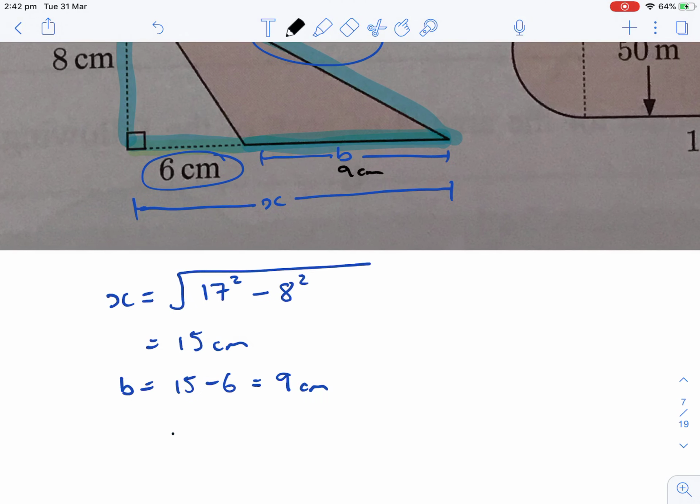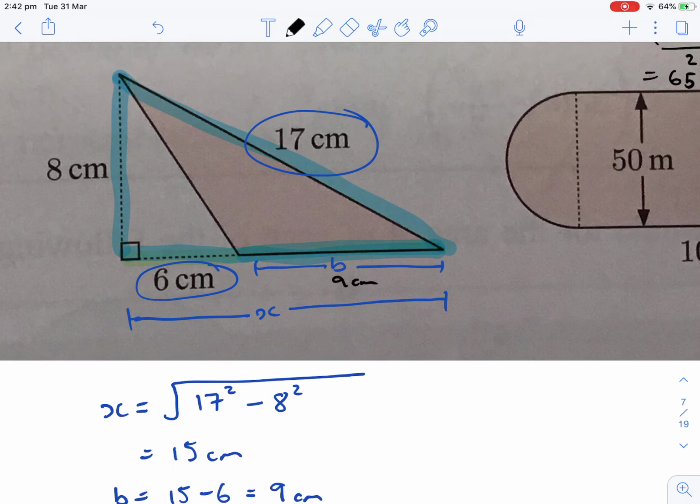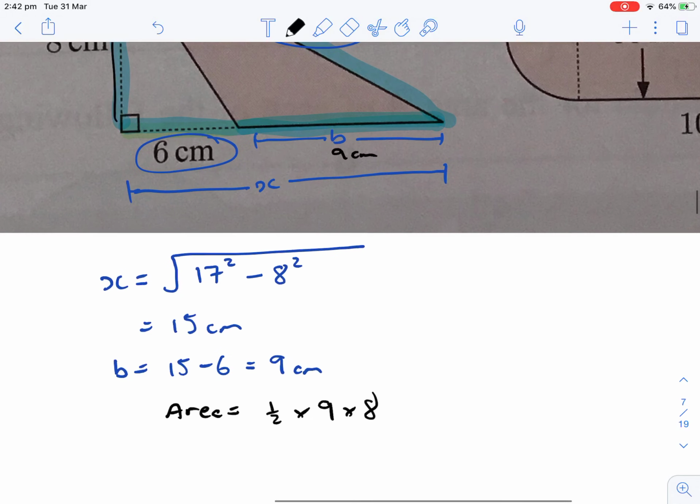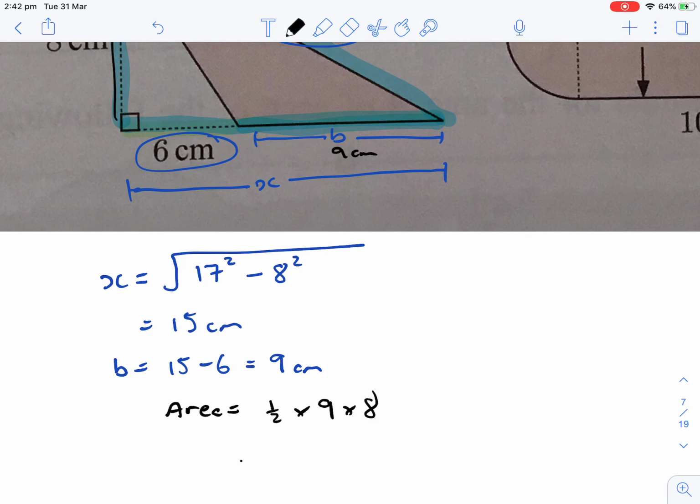And now I can get the area of the triangle, which is going to be equal to a half times my base, which is my 9, times my height, which is the 8. And again, that height has to come from that vertical measurement of the 90 degrees. So I would pop all that through, and that would give me an area of 36 centimetres squared for that triangle.